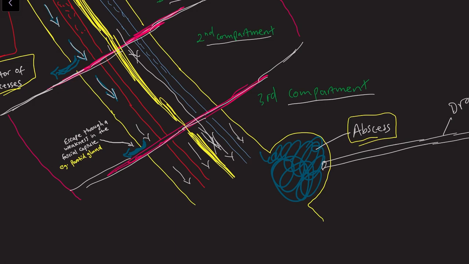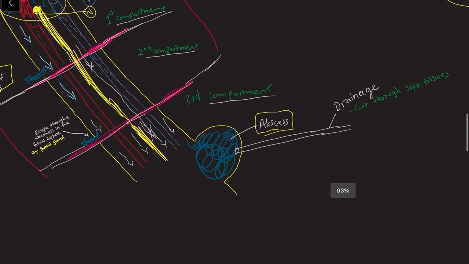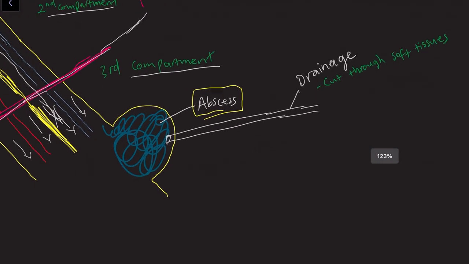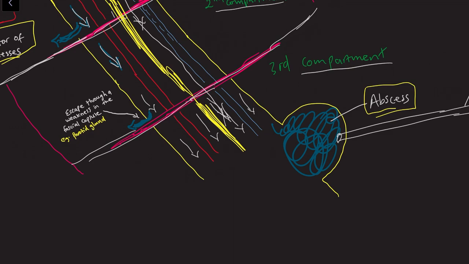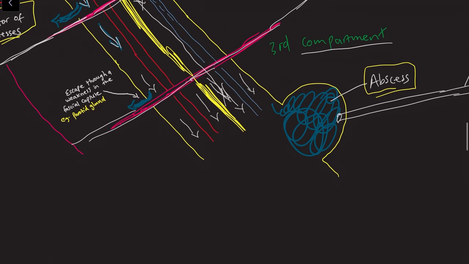And that abscess can only be drained surgically. You have to cut through the soft tissues, right? That's why we need to have a good knowledge of these spaces, because these spaces can be infected, and then the infection can conduct to different compartments. You can have abscess formation in compartments that are far away from where the infection initially began.